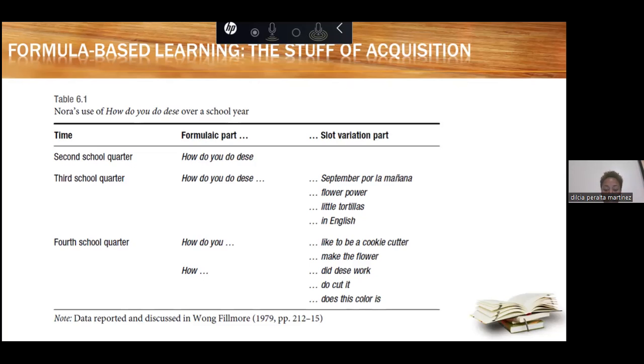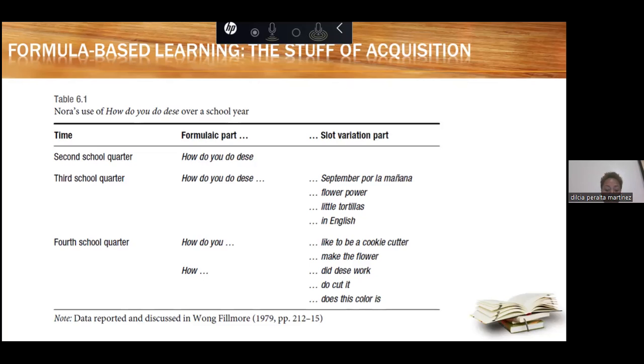All five children were driven by social needs and adopted a general speaker approach. Among the children, six-year-old Nora proved to be spectacularly successful as a language learner because she exploited the formula-based pieces faster. Wong Fillmore discovered part of the reason was a formula-based analysis of the input, which she interlinked through abundant social interaction.